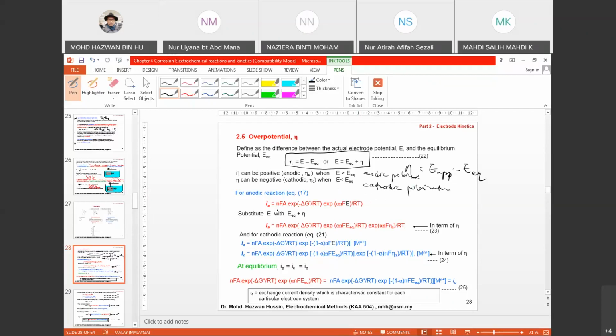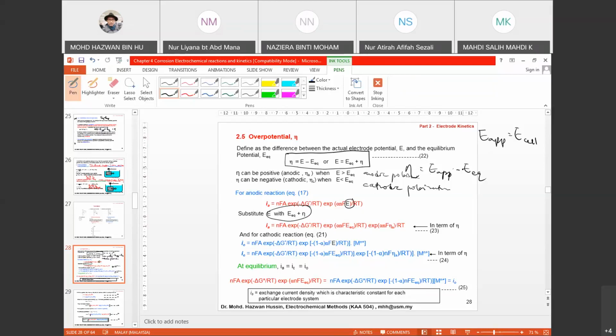Right. So earlier on, we have seen equation 17. This is the anodic current density that we have derived. So substitute E. E is actually the applied potential, or E cell. So don't be confused. E applied is equal to E cell, not E naught, E cell. Then you can substitute it over here.